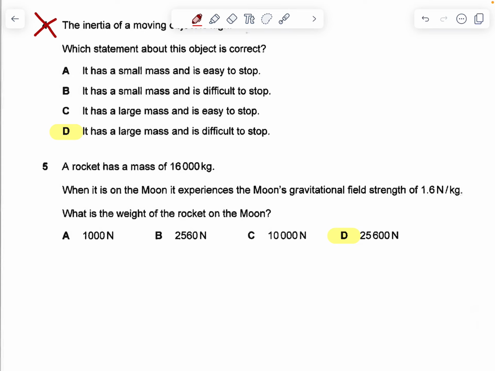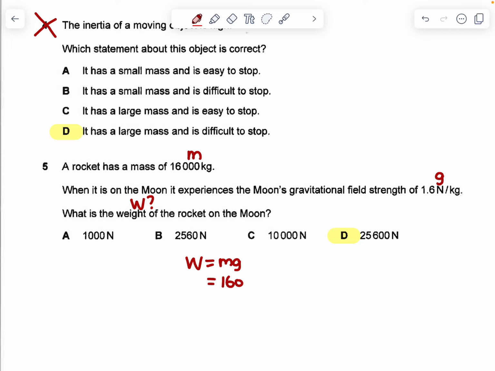Question 5. A rocket of mass 16,000 kg, m, when it's on the moon, experiences the moon's gravitational field strength of 1.6 newton per kg, small g. What is the weight, W, of the rocket on the moon? So formula, W equals mg.